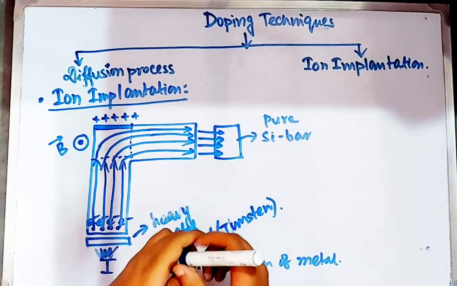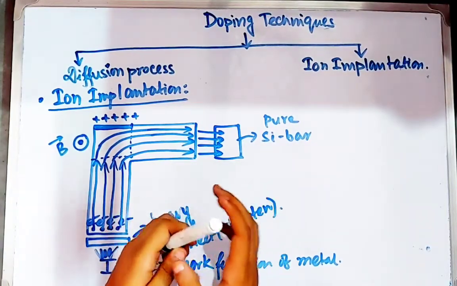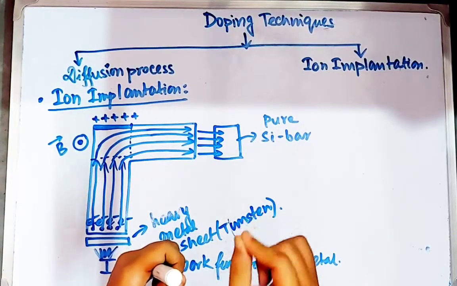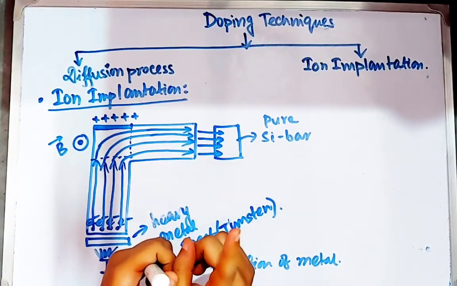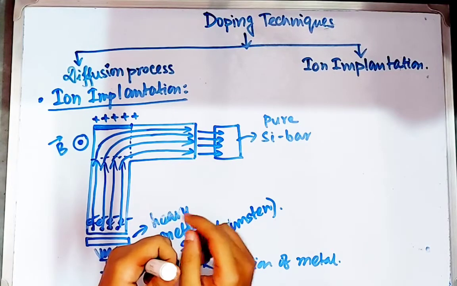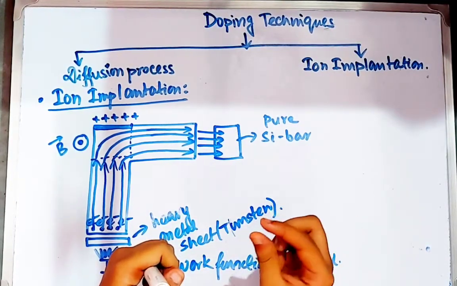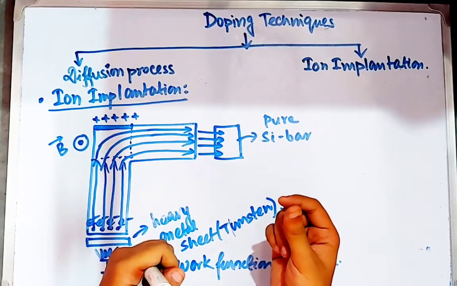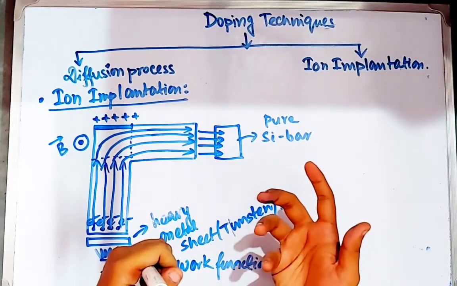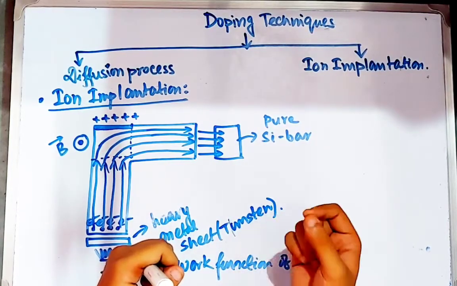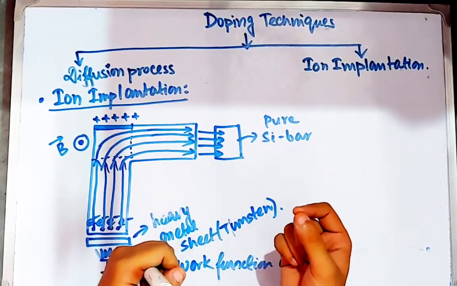Now, which factor is determining the depth of the doping? In case of the diffusion process, we saw that the time duration during which we are heating up the silicon bar and the container is actually determining the depth of the doping.